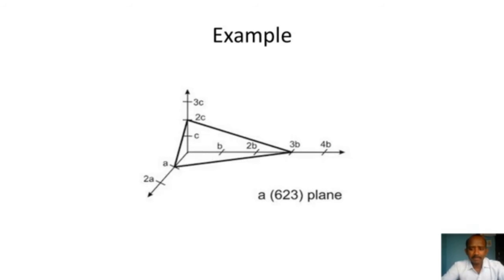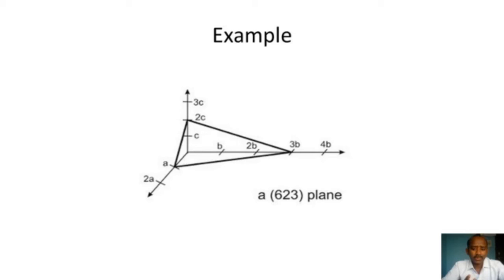Next, along B, the y direction, there is B, 2B and 3B. The intercept made along this axis is 3B. Along the z direction, it is C, 2C and 3C. The intercept made along this axis is 2C.